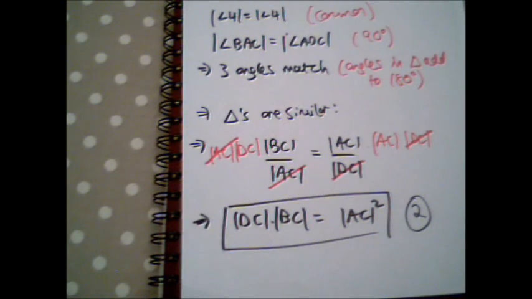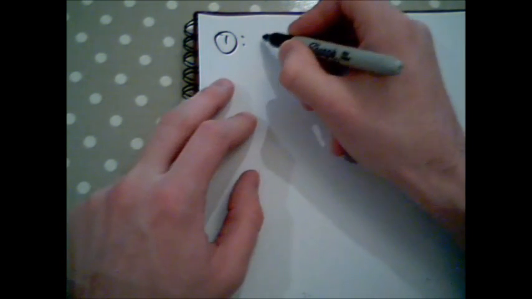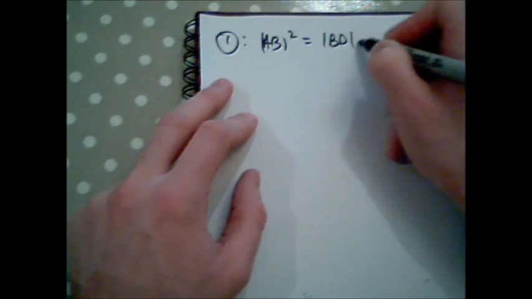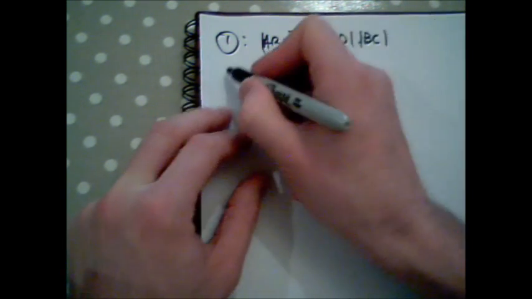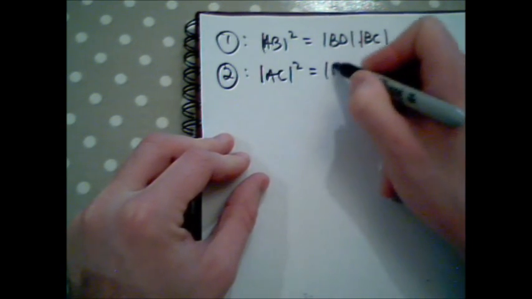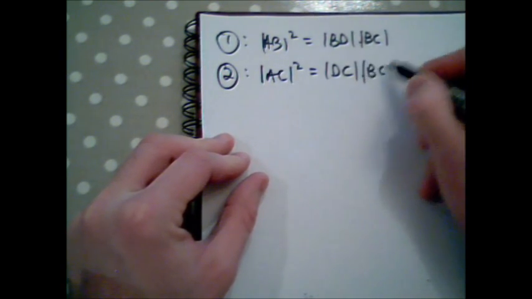So the last thing, actually we'll use the smiley face sheet. The last thing that we need to do now is put those two together. One said that AB squared is BD times BC, and 2 said that AC squared is DC times BC.